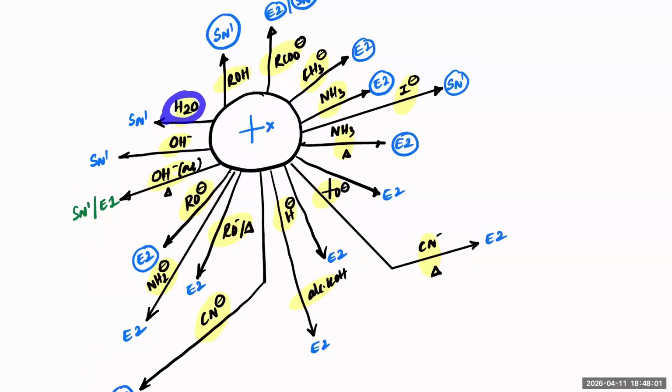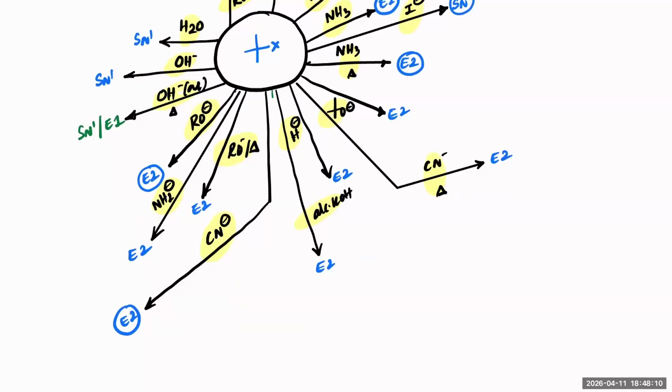But if it is given heat, like concentrated H2SO4, sorry, not water, I meant to say acid, H plus. But not X here. It should be alcohol. If it is alcohol with heat, then it will go for E1.